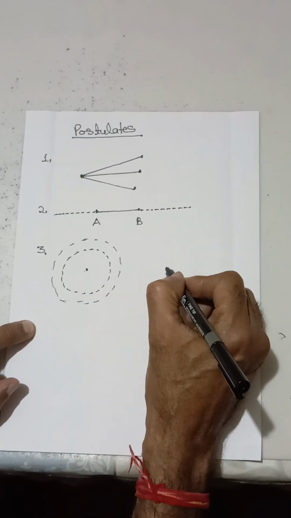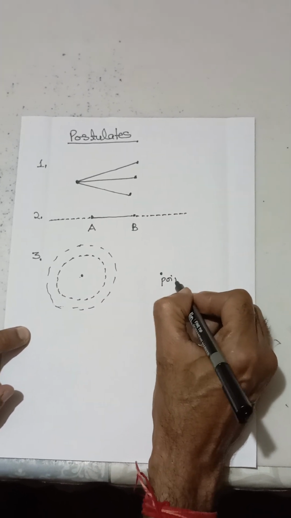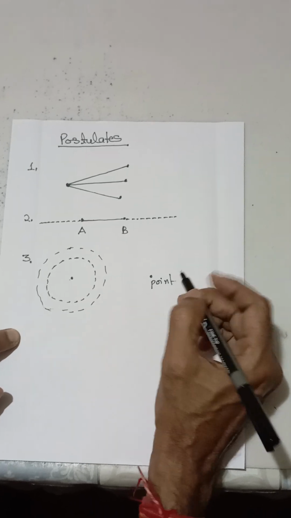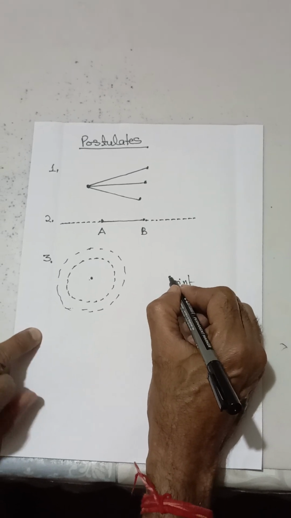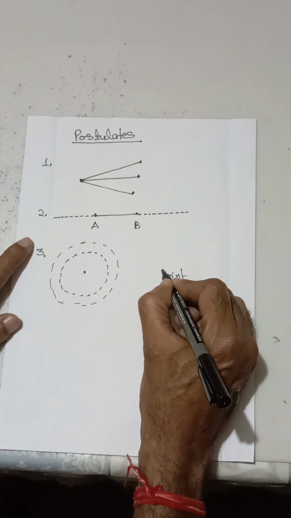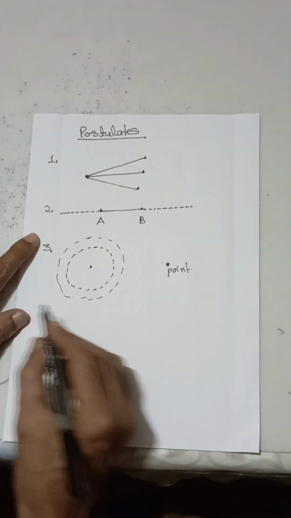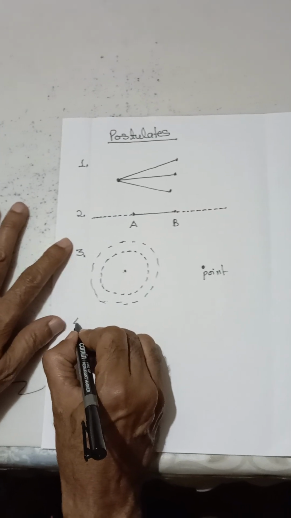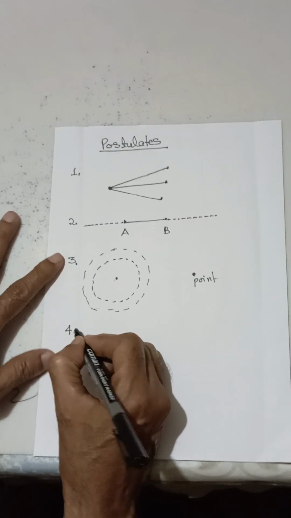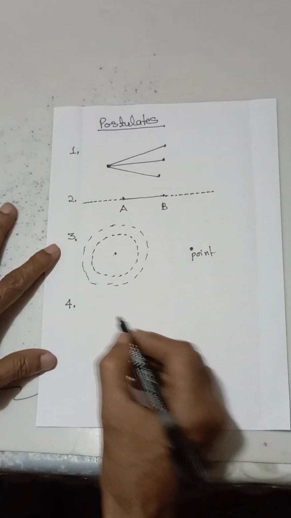There is another point. From this point, we can draw a circle with whatever size of radius we want. So this is postulate 3.